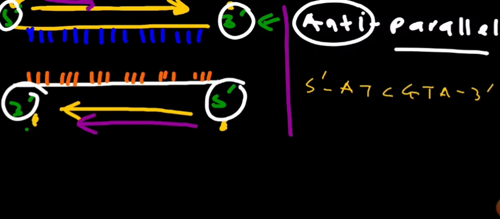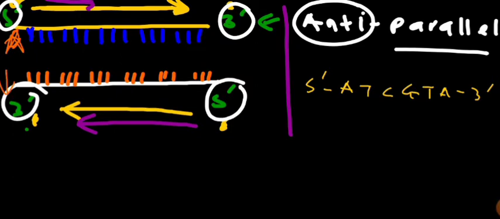And then they tell you to find the complementary sequence, or the sequence on the complementary strand. How can you do it? So we know that this 5' here is complementary to 3'.